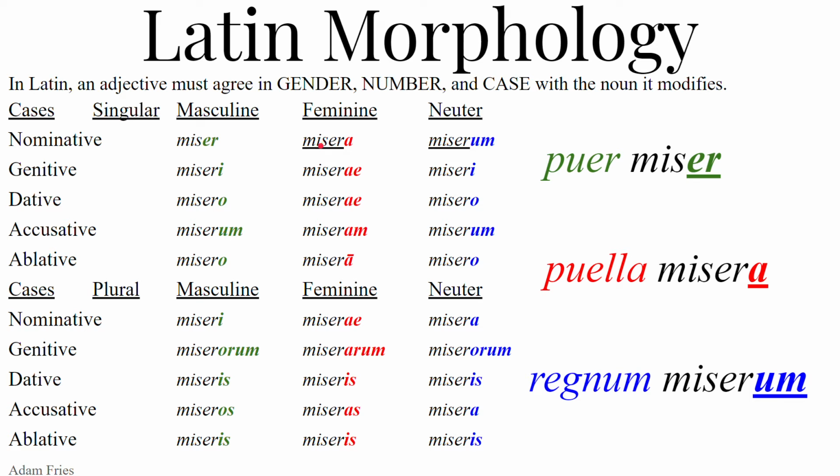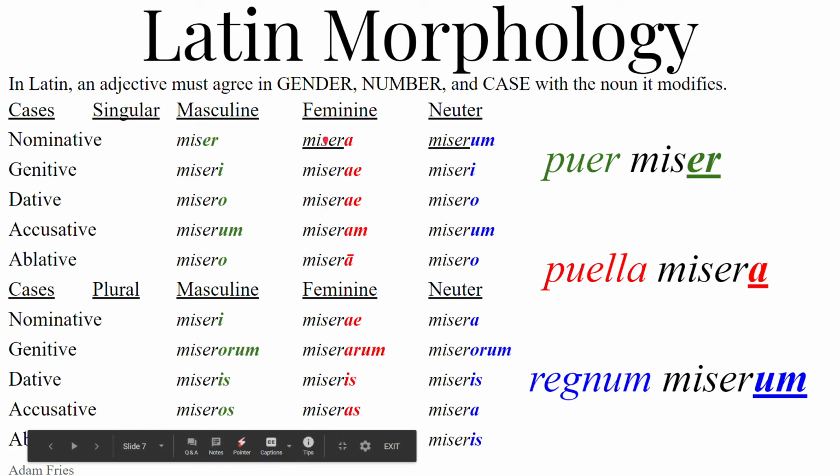It won't always be. Stay tuned. So for the rest of the forms, except for the nominative singular masculine, write the stem. You can see miser forms the stem for all of these, except for that nominative singular masculine guy.